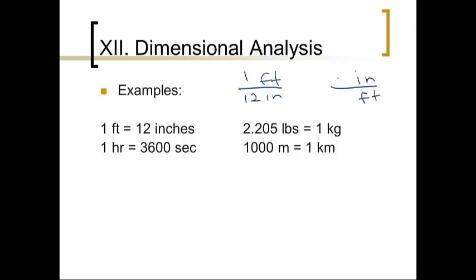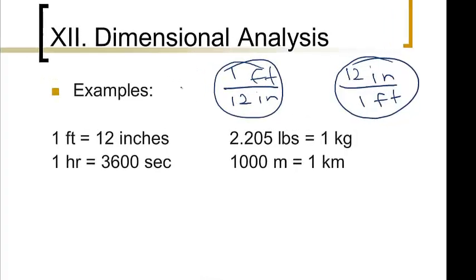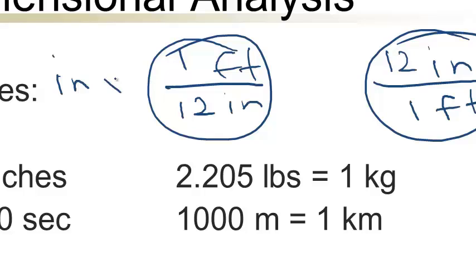Make sure it's still the same equality: 12 inches is equal to 1 foot. Why would I use it this way? Why would I use it that way? Well, again, it depends on what units you were starting with. If we were starting with inches, we'd use this one because inches on the bottom would cancel out with the inches that you're given. If I were starting with feet, I would use this equality because then the feet would cancel out with feet.